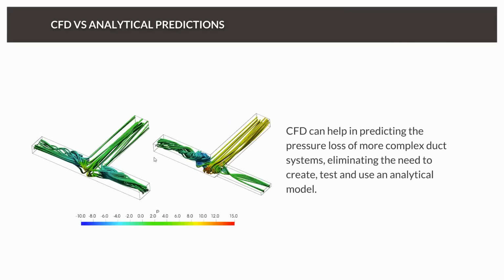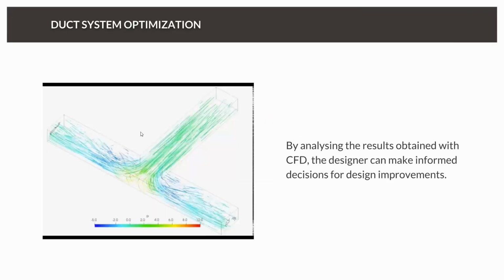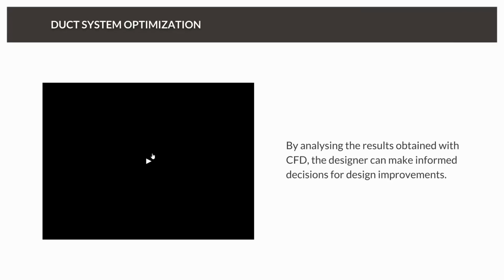And especially when it comes to more complex designs, it's very important, first of all, to understand and reduce the pressure drop, but other aspects like flow homogeneity or vorticity can also play an important role. This is something where analytical models totally fail and where CFD will still provide us with a lot of information. So let's take a look at this animation.